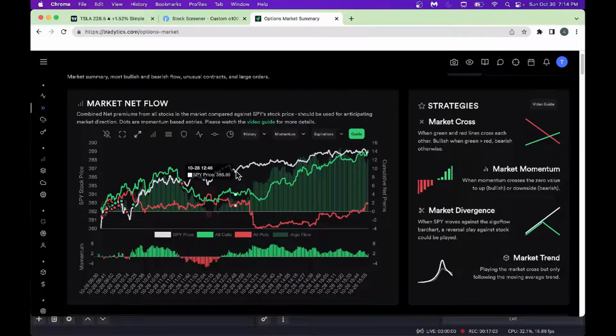Somebody might short the S&P 500 index or /ES, the future, and they might buy some call options in SPY. That's one of the reasons they use the entire market, the call options, put options, and the Algo flow, and then compare it to SPY to get a good idea.